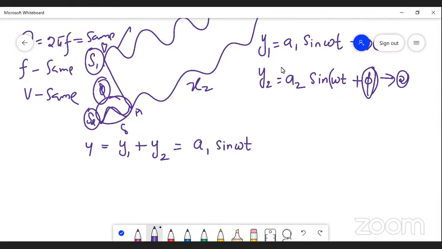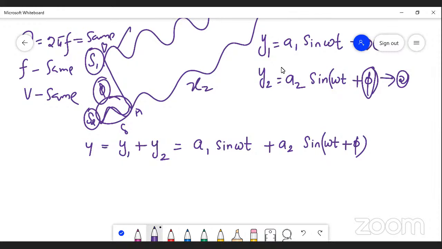This is the displacement of the first wave y1 at time t, with angular frequency omega and amplitude a1. And y2 is the displacement of the second wave with amplitude a2, and the same angular frequency omega at the instant t. So y is a1 sine omega t plus a2 sine omega t plus pi.